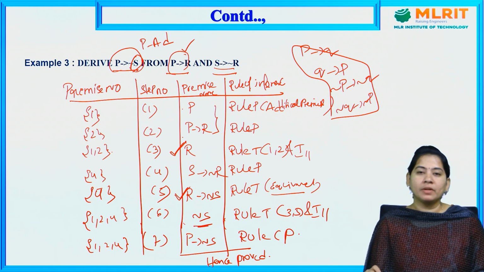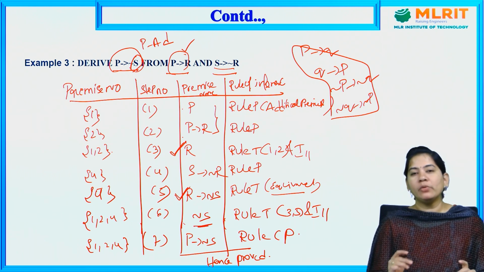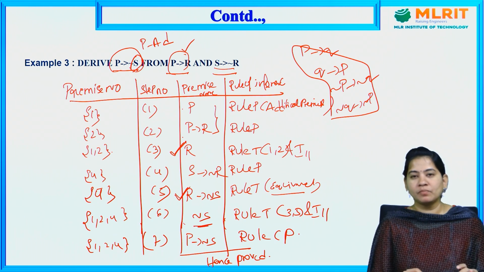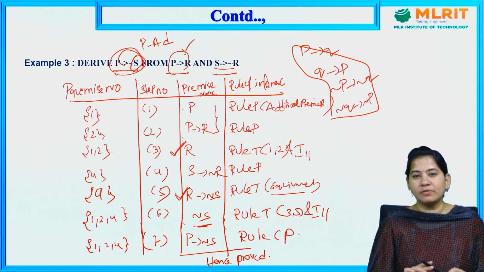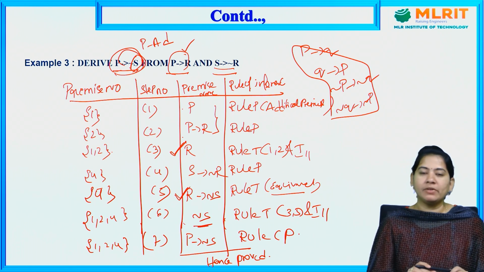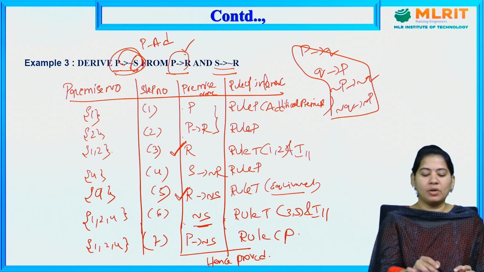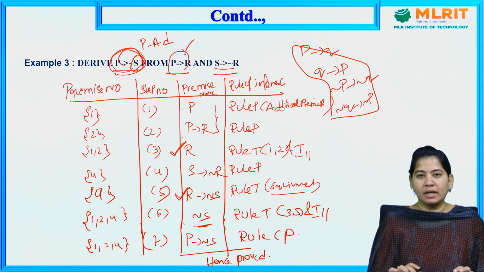So like this, we need to solve the rule CP methods. How can you identify in the question that it is a rule CP problem? Basically, the conclusion will always be in the form of an implication for the rule CP method. Even if they don't mention using rule CP, if you understand that the conclusion is in implication format, then you have to understand that it is the rule CP method.